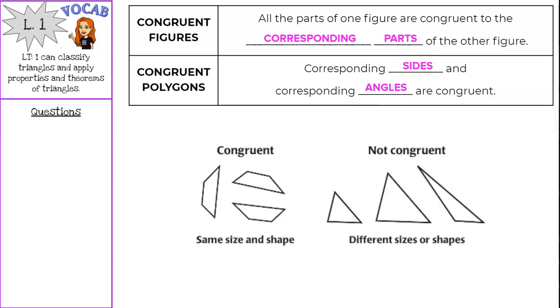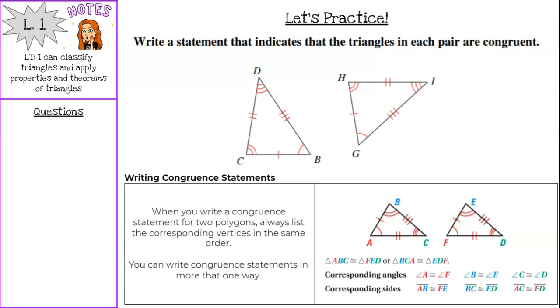Now when we work with congruent figures, we're going to have to write a congruence statement. So a congruence statement just compares 2 triangles to each other, but you have to write them in the way that they correspond.